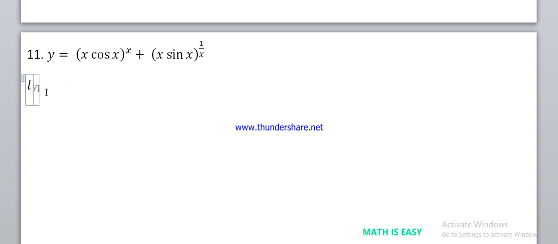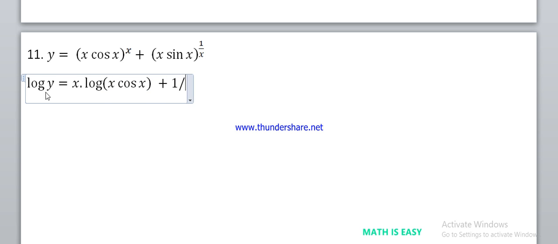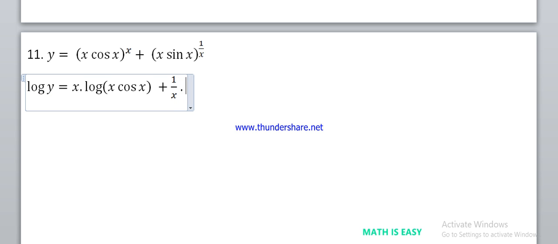So what you are going to get is log y equals to, here you are going to get it as x into log x cos x, okay, plus 1 by x into log x sin x. This is what I got, okay.